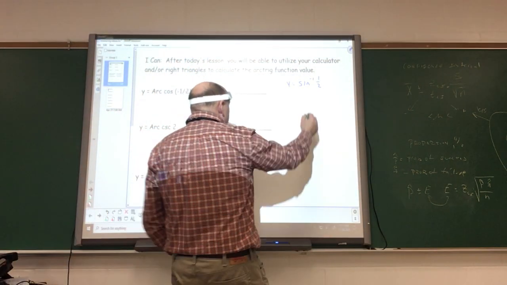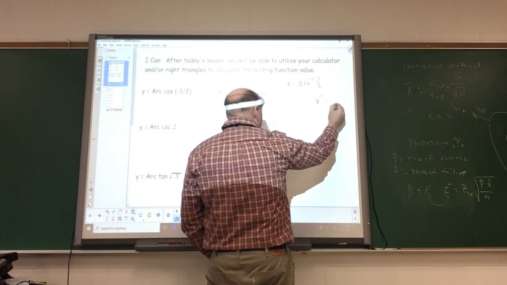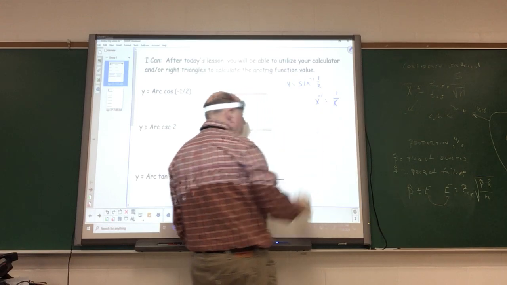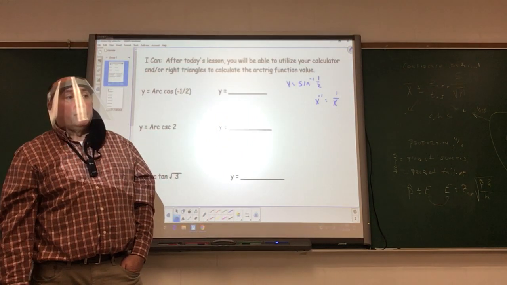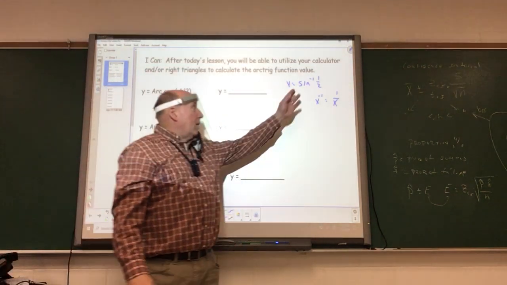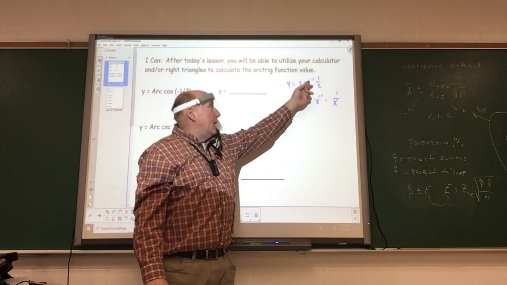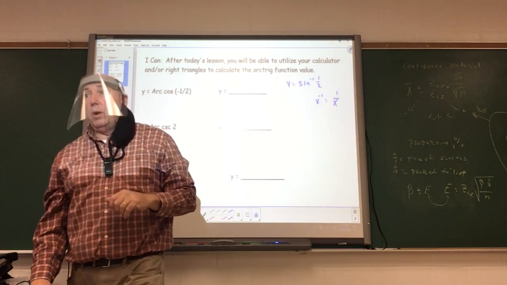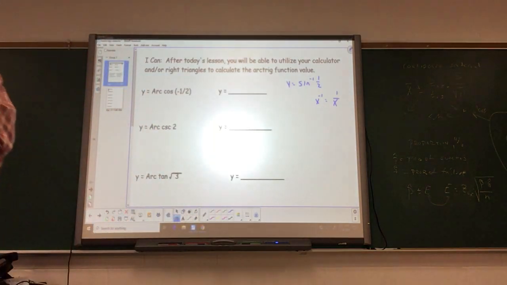If we have x to the -1st power, this means 1 over x. So if I take this in the context of an exponent of -1, I can also rewrite this as 1 over the cosecant of 1/2, which is incorrect. So there's a dual meaning to this -1 exponent.